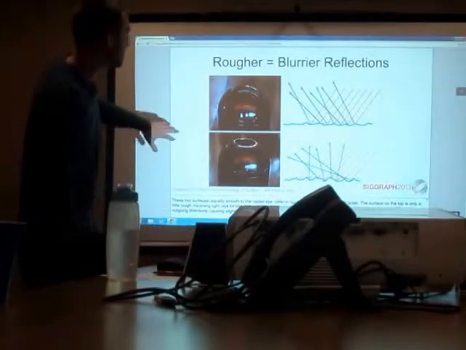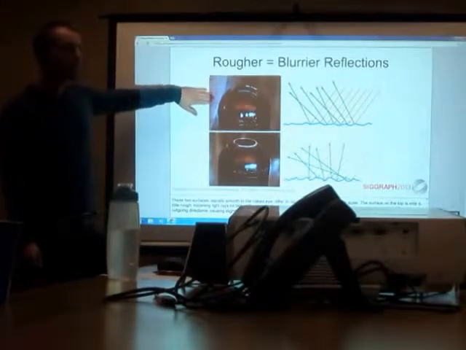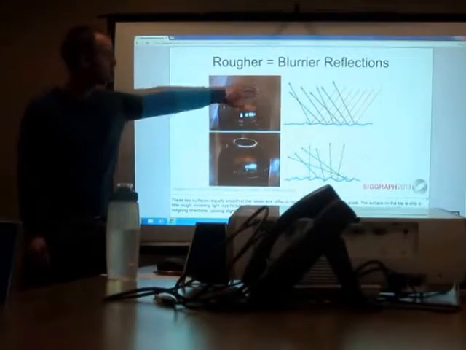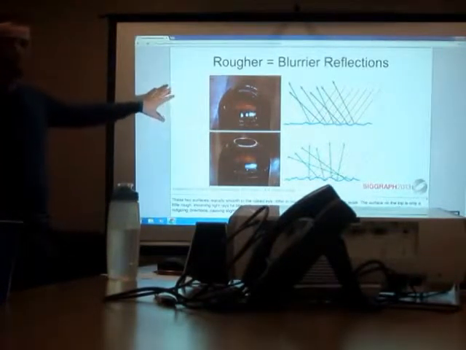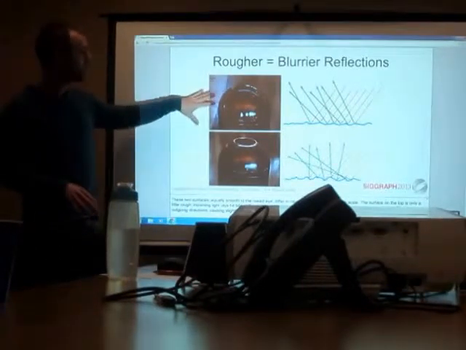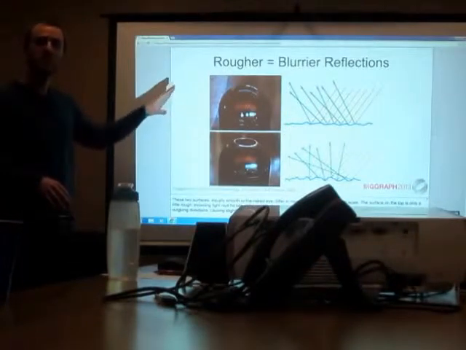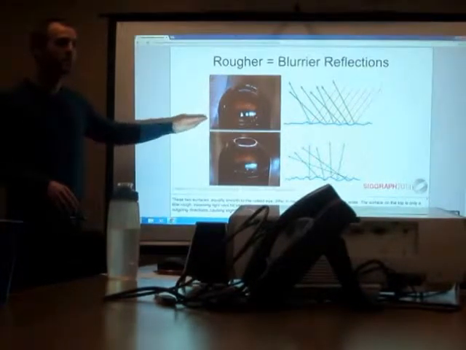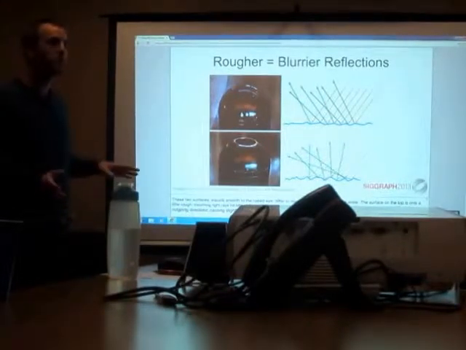And he has this really nice example here where on first appearances, if you just look at the shape of this and the shape of this, both of these bowls, I think these are just bowls that he turned upside down, both of these bowls look to be about the same shape and about the same smoothness. If you were to touch these, they would probably feel very similar. They'd feel very smooth.